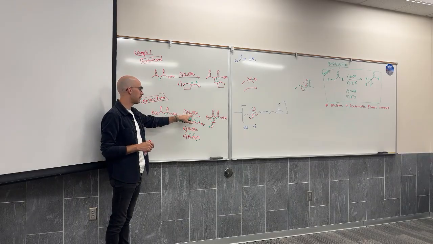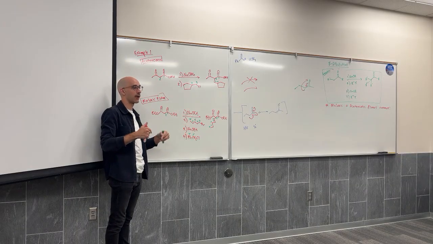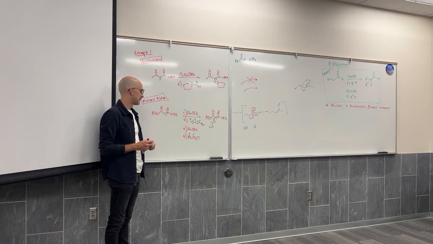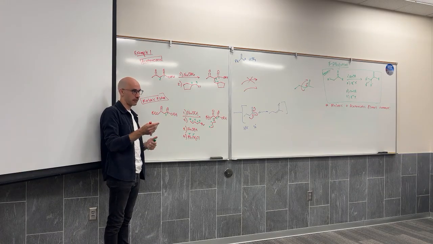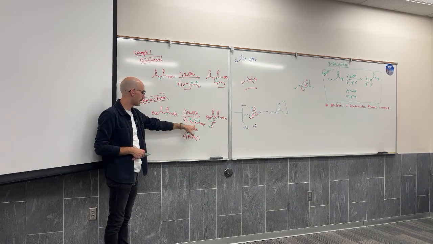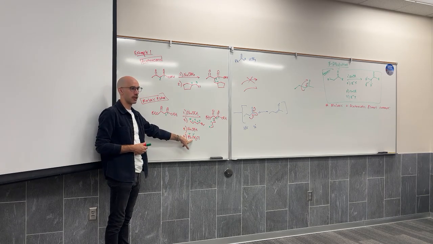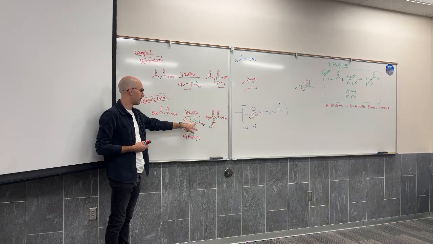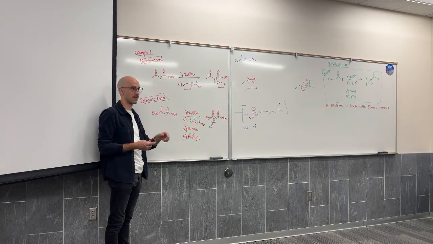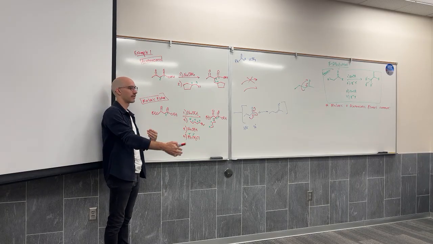So the base needs to be re-added if I want to do another substitution reaction. It's not a catalyst. And furthermore, I don't want to have these two mixed at the same time. Otherwise, I risk this substituting twice instead of just being substituted once, or this being substituted twice instead of once. So I want to add them step by step.